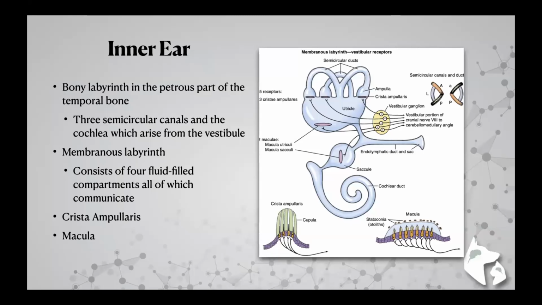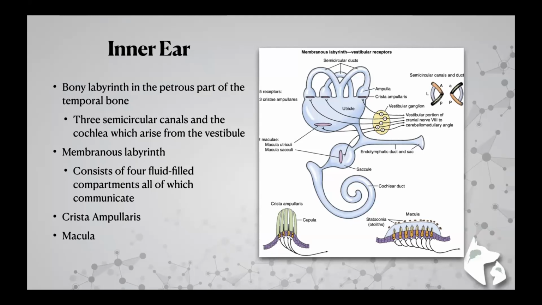And the membranous labyrinth consists of four fluid-filled compartments. You have the semicircular ducts, you have the utricle, the saccule, and the cochlear duct. The utricle and the saccule are contained within the vestibule, so in that large bony window.